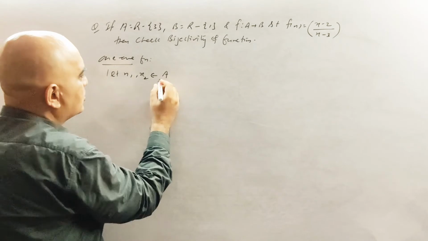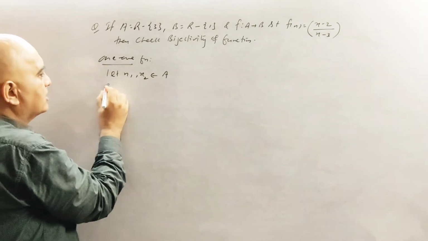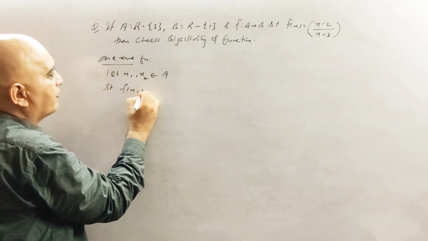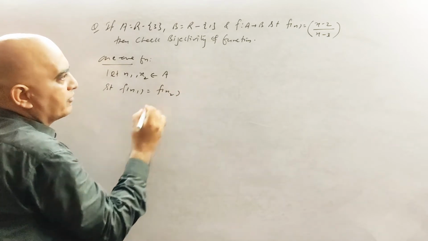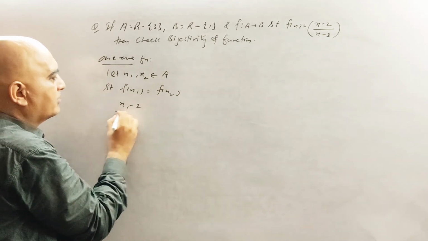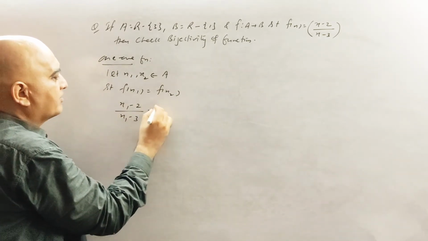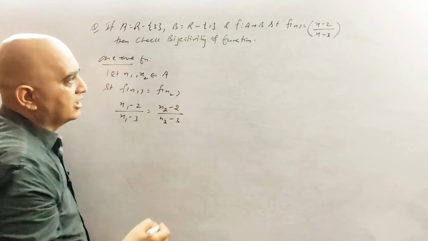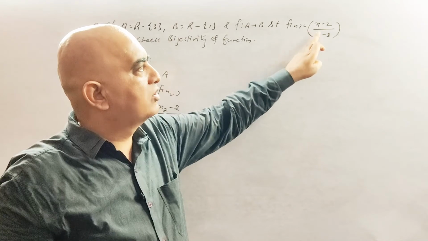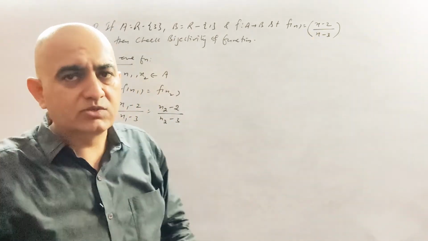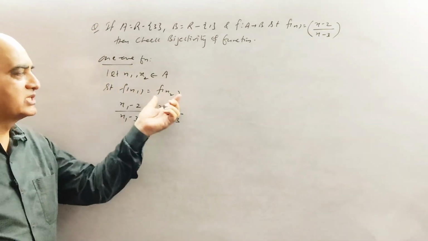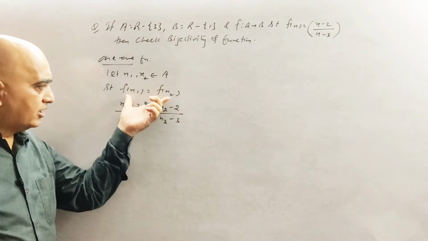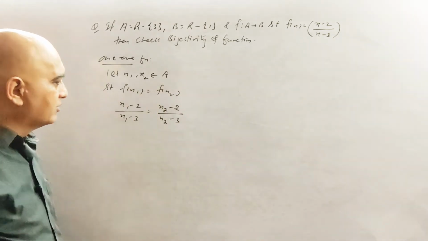So x1 and x2 are the elements belonging to A such that f of x1 is equal to f of x2. Then (x1 minus 2) upon (x1 minus 3) equals (x2 minus 2) upon (x2 minus 3). First of all, put x is equal to x1, then x is equal to x2 to get the values of f of x1 and f of x2. Equate them.